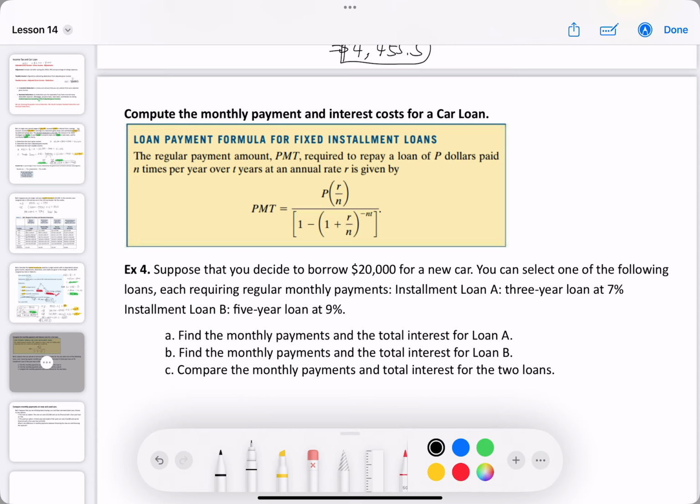So every month you are going to pay the fixed amount of money. That's annuity. We learned annuity.